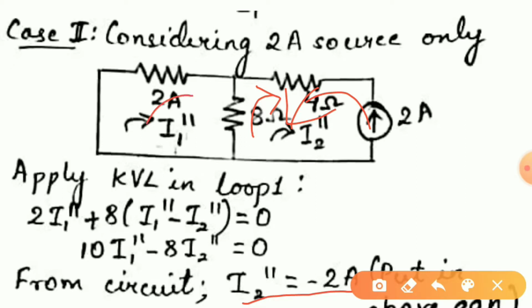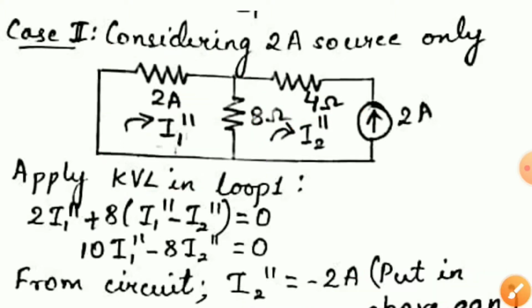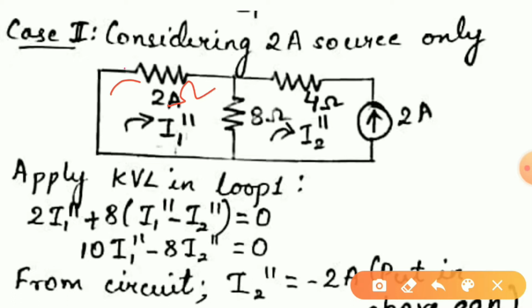The value of I1 double dash can be obtained by applying KVL in loop 1. While applying KVL, we get an equation like this, where this is 2 ohm, not 2 ampere. So this will be 2 into I1 double dash plus 8 into I1 double dash, the major current, minus the neighboring current I2 double dash.